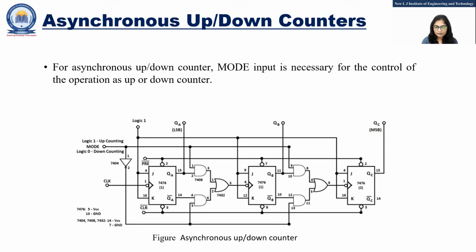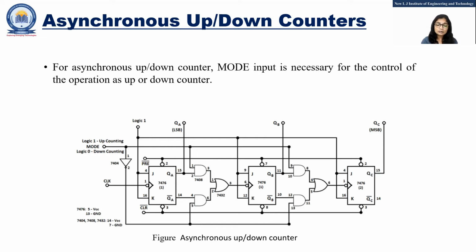So whenever you are going to use this circuit as an up counter, you must know two things. You have to remember two things. First, the mode signal must be 1. And the second thing, the preset signal must be 0 and the clear signal also must be 0. Meaning it will clear the flip-flops. Counting will start from 0, 0, 0.